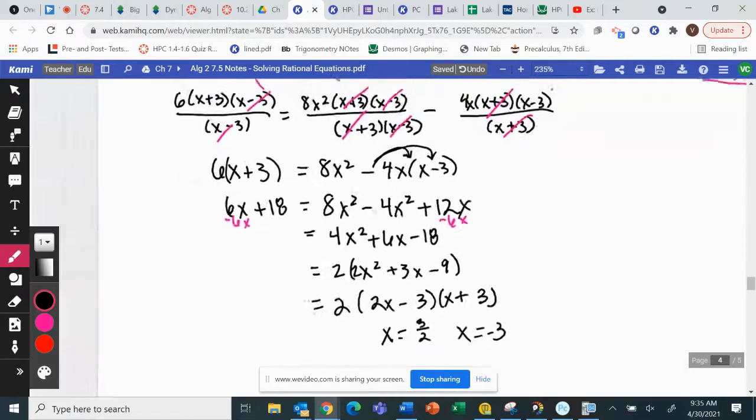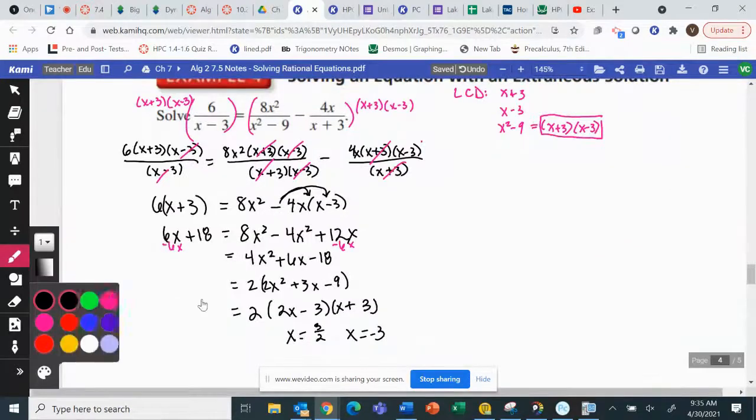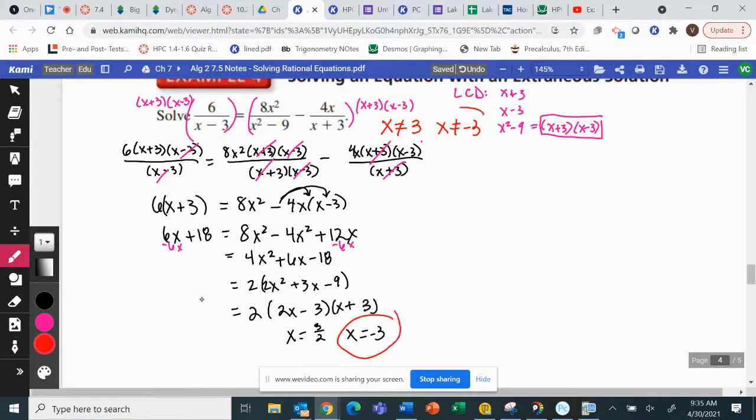And when I go back up and look at my original domain restrictions, x cannot equal 3 and x cannot equal -3. And here I have x can equal -3. So I have to reject that.